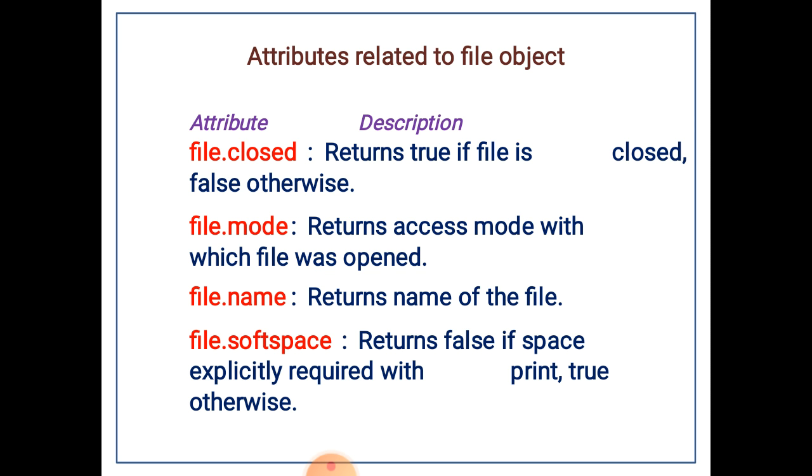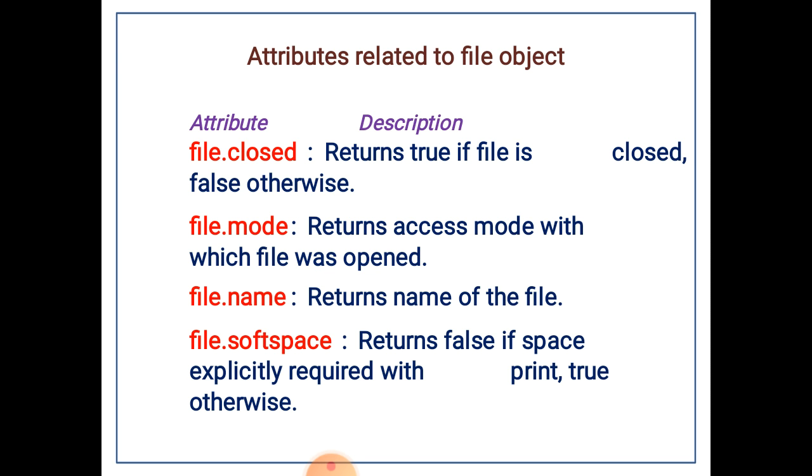Coming to file.softspace, it returns either true or false based on the soft space. It returns false if space is explicitly required with print, and returns true if space is not required explicitly.